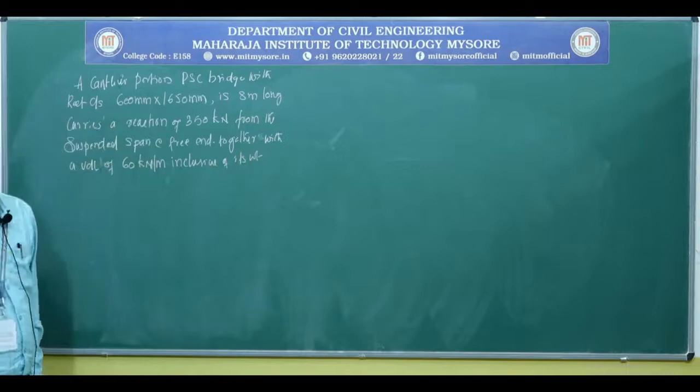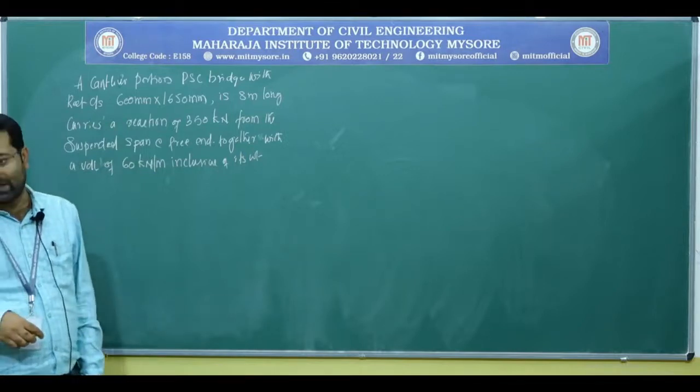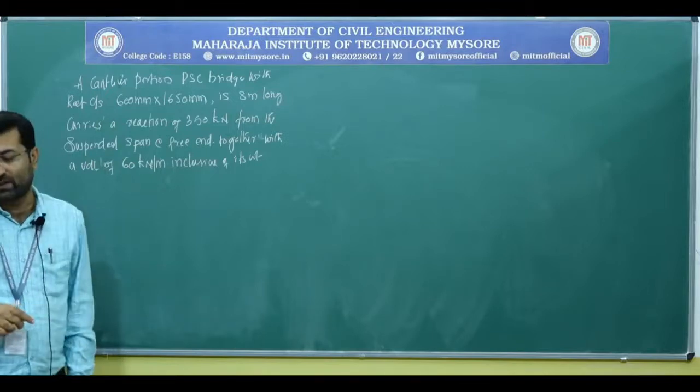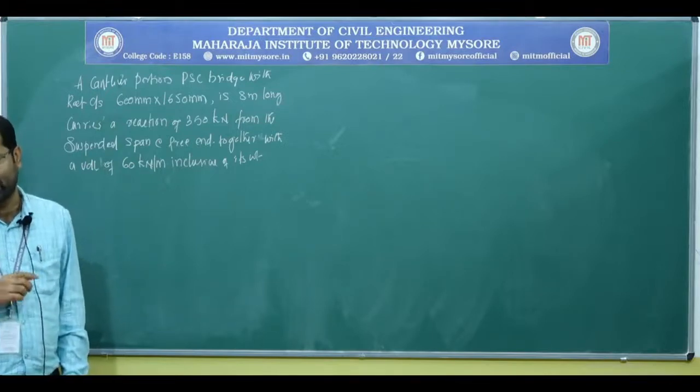So the cantilever beam carries two loads. One is a concentrated load at the free end, and another one is the UDL of 60 kilonewton per meter over the entire span.